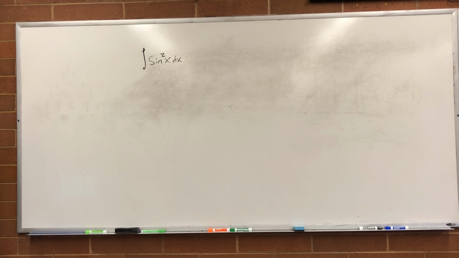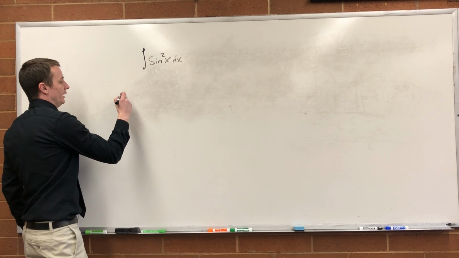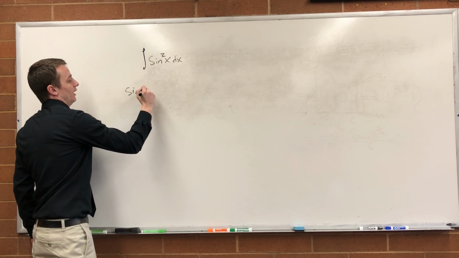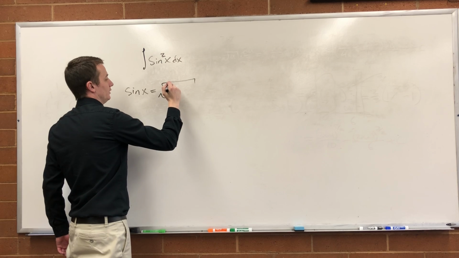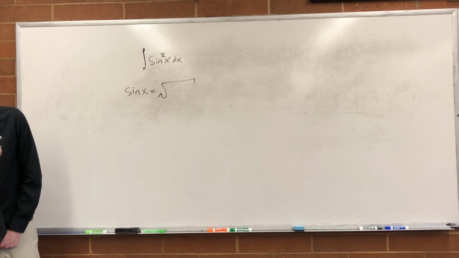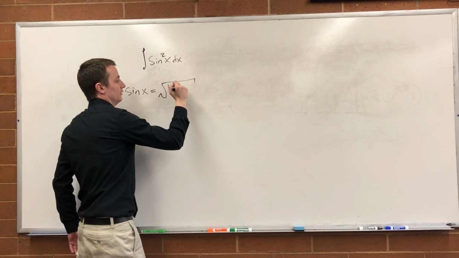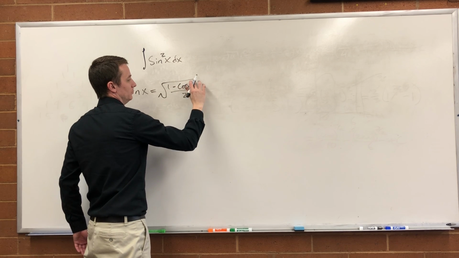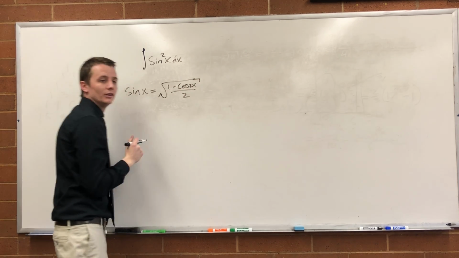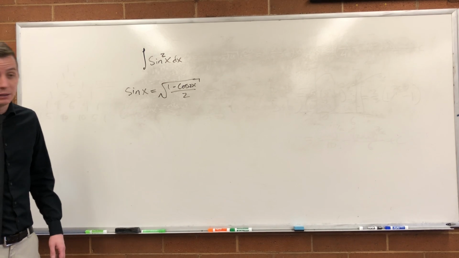Somewhere on there you have sine of x equals the square root of, with sine it's a plus or minus, 1 minus cosine of 2x all over 2. You either have that written on your paper somewhere.